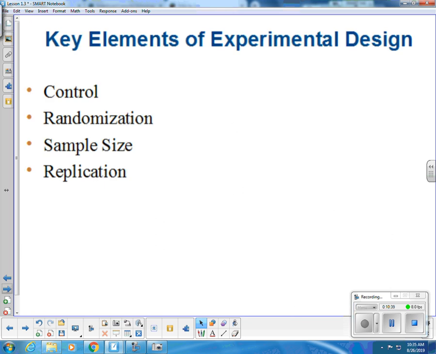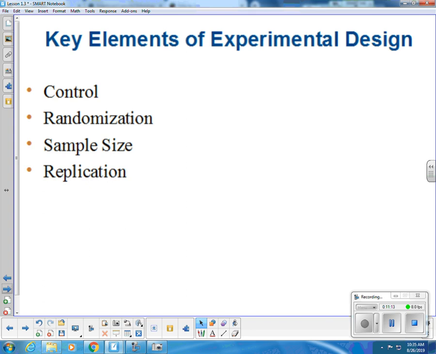So the key elements of experimental design are control, randomization, sample size, and replication. Okay, the control is very, very important. You want to control your experiment, because if you don't have a good control, then you don't know what's actually causing the results.